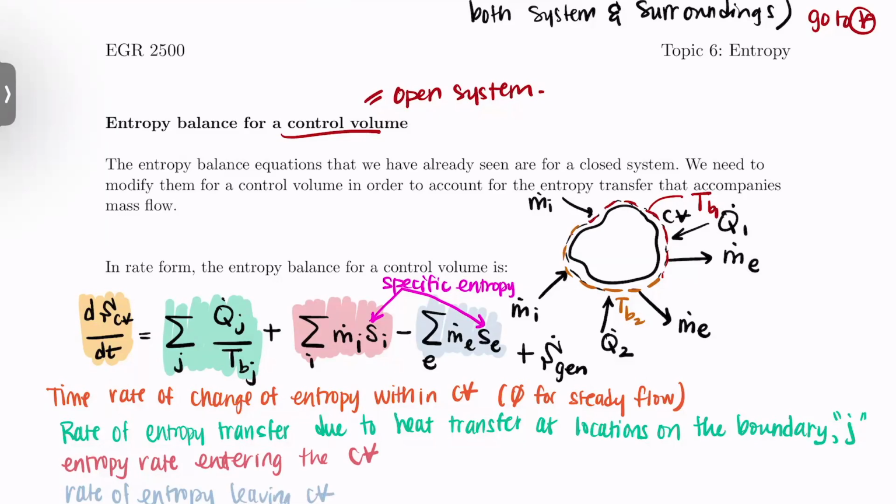And then last but not least, we have our rate of entropy generation.